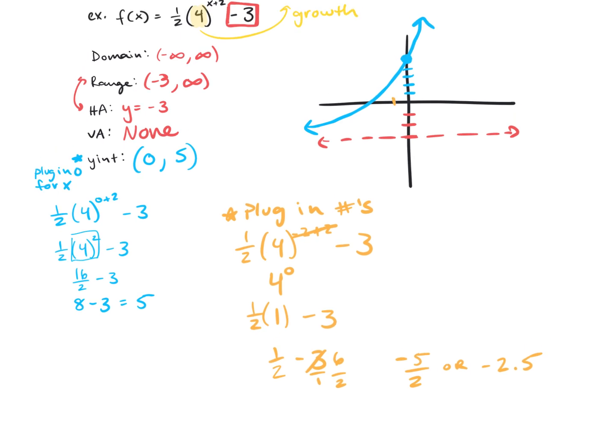So a better, more accurate example of our graph would look like this. We plugged in -2 and got -2.5, so down here. So our graph would look more like that. But it's got that same shape, it's still increasing.